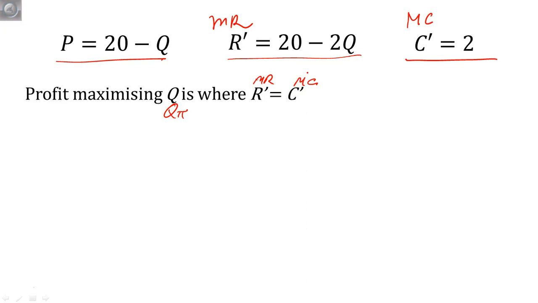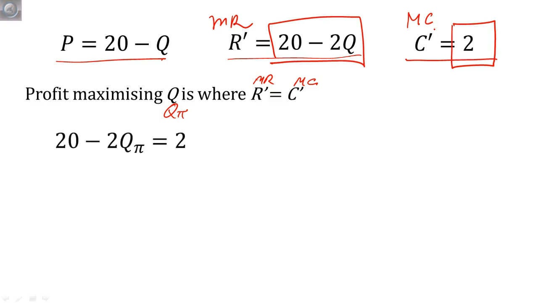So, in order to find where this quantity is, whatever that quantity is, it must be true that this is equal to this. Marginal revenue equals marginal cost, like this. Okie doke. So this Q is representing the profit maximizing quantity.